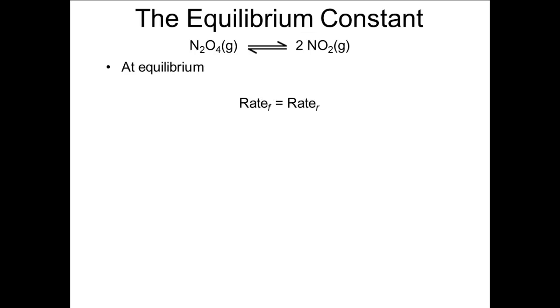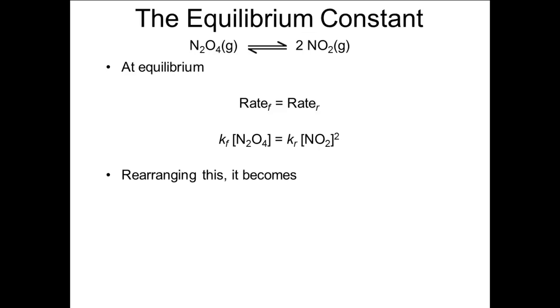At equilibrium, we know that the rate of the forward reaction is equal to the rate of the reverse reaction. So K forward times the concentration of N2O4 equals K reverse times the concentration of NO2 squared.